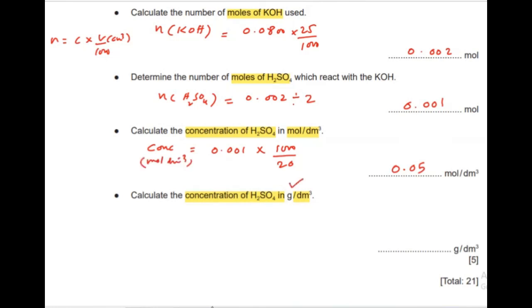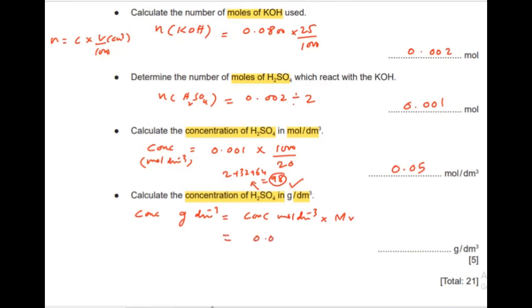If you want to convert to grams per dm cubed, the concentration in grams per dm cubed is the concentration in moles per dm cubed multiplied by Mr. The Mr of this compound is 2 plus 32 plus 64, which is 98.